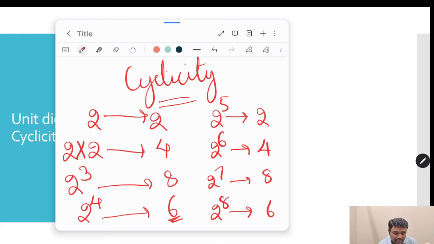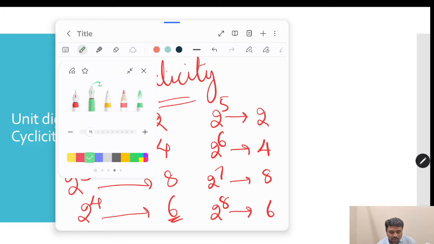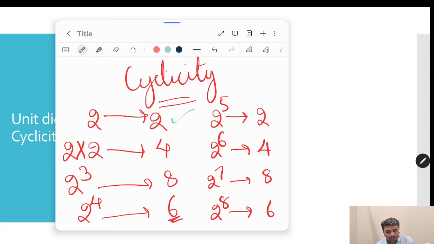Do you observe one pattern? If you observe the pattern, 2 power of 1, the unit place is 2. 2 power of 2, unit place is 4. 2 power of 3, it is 8. 2 power of 4, 6. 2 power of 5, again 2. Did you observe the pattern? Again 4, again 8, again 6.